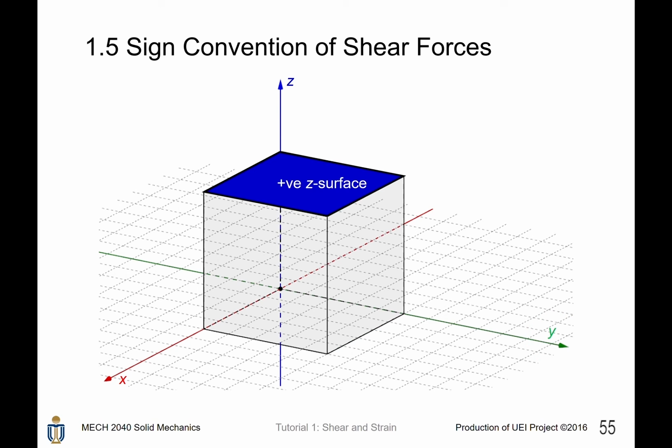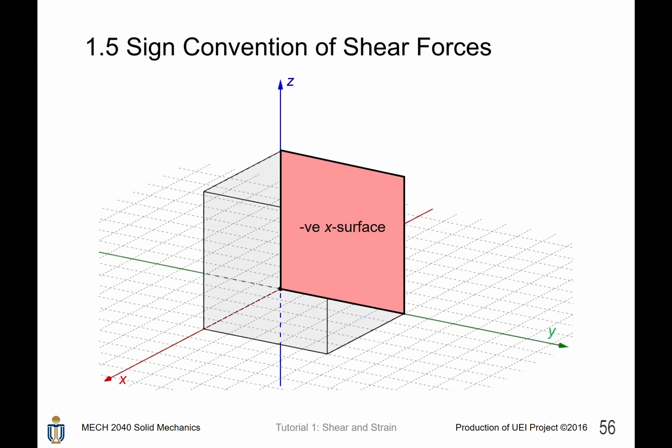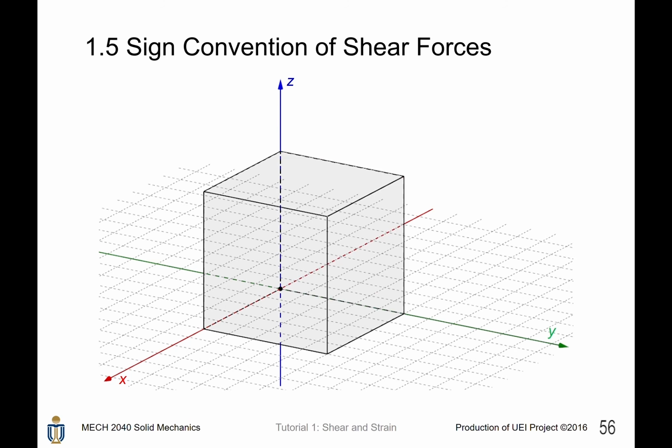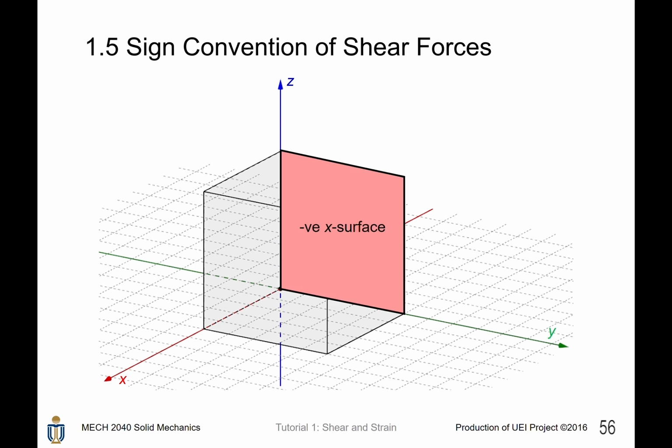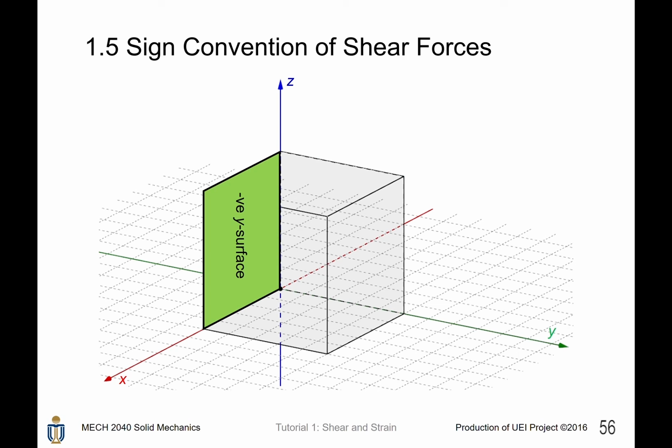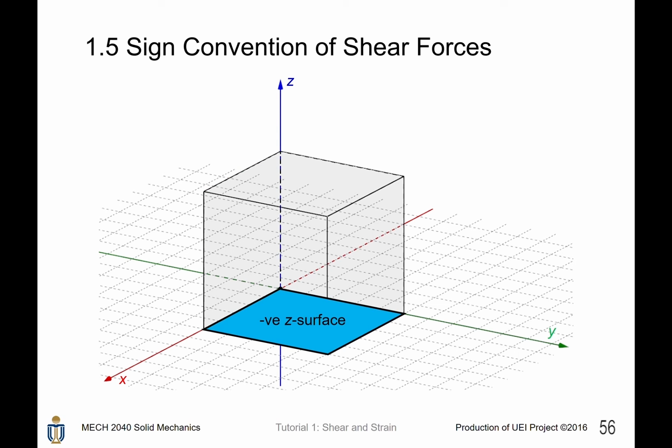The surface here is called the positive z surface because the positive z-axis is its outward normal. Similarly, this surface, which is not facing us, is called the negative x surface because the negative x-axis is its outward normal. For the negative y surface, the negative y direction is its outward normal. Similarly, for the negative z surface, the negative z direction is its outward normal.